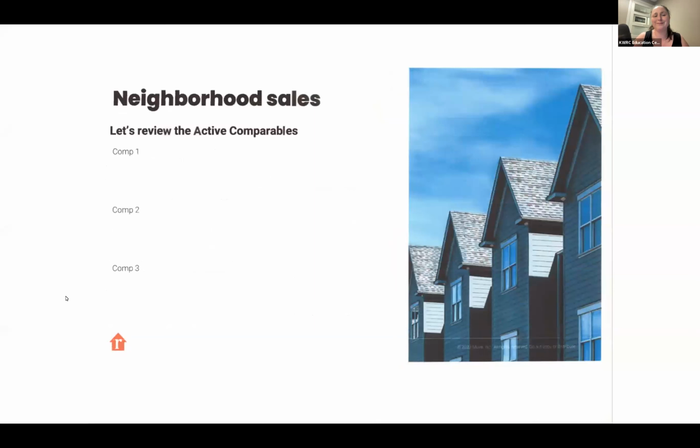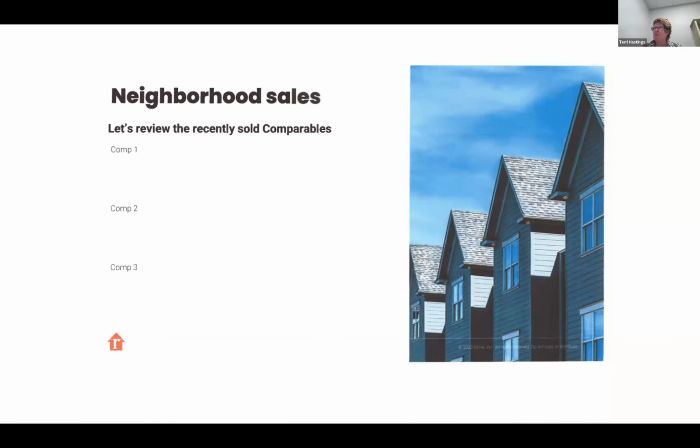Okay, Jen, let's get to the price, the big bang you've been waiting for. I review the comparables, the actives, the solds, and I come up with the value of their home that I think it should be. I then say, okay, Jen, here's what I think your house is worth.